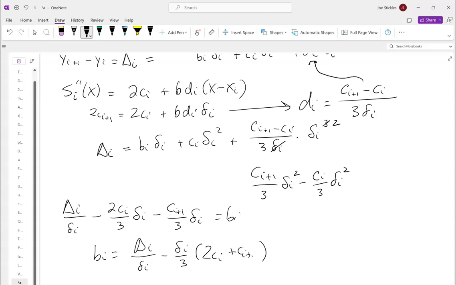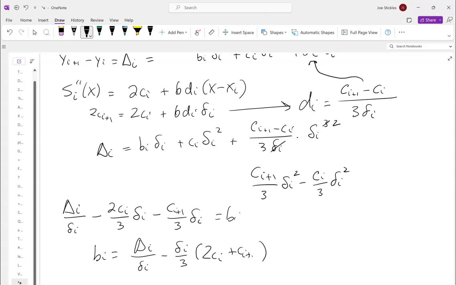Okay. All right. So again, this is much like what we did for quadratic splines. We've just done it with a little bit more information, right? Remember with quadratic splines, we worked with the C's in terms of the B's and then figured out what the B's had to be, right? Okay. Same concept here. We've got the B's and the D's in terms of the C's.